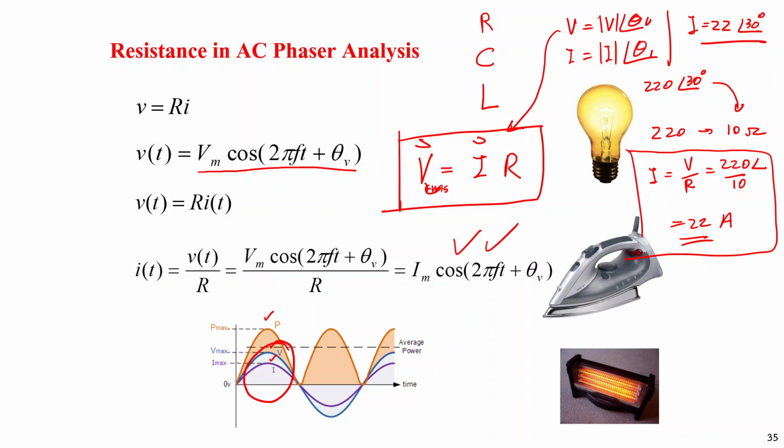When we supply it to this type of load, for example, the resistance load, for example, the incandescent lamp, okay, not a fluorescent lamp, not an LED lamp. The incandescent lamp is a very old type of lamp.